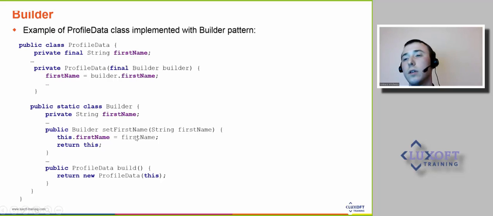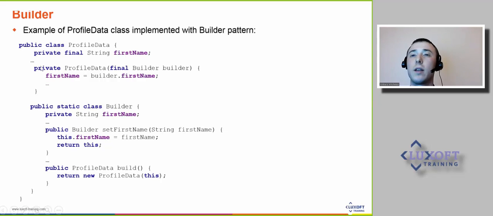Then it has setters which take as parameters values for our attributes, and we assign the parameter of the method to the field in class builder and return this. So every setter method in the builder class returns itself. And then we have a build method inside the builder class that will return us the immutable profile data object.